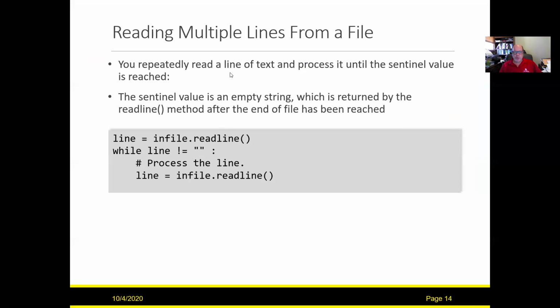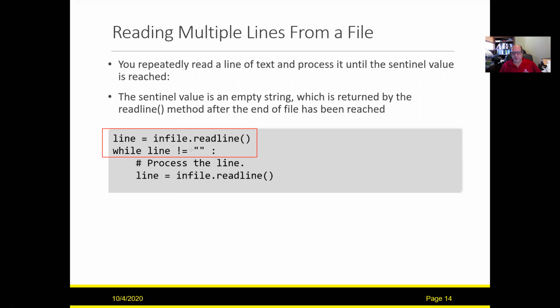One way of going through the whole file is to read a line, and if that is not empty, keep reading. This is a regular structure of a while loop: we do something before the while loop, and then we stay in it while we have data. We read a line, and the empty line is going to be the last line in the file.